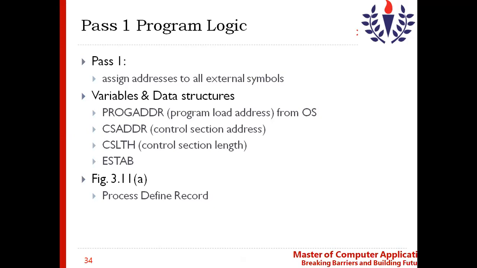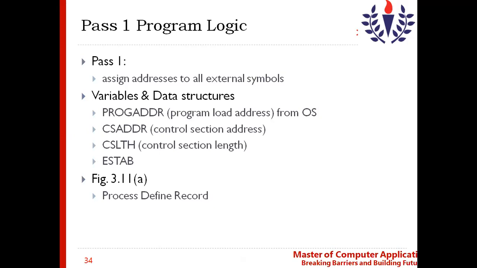Those records are available in the object program. For the linking loader, the object program is the input which is given to it. From the object program, the linking loader processes each and every record.